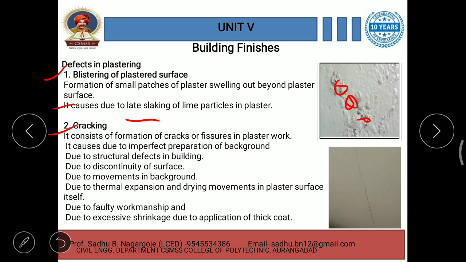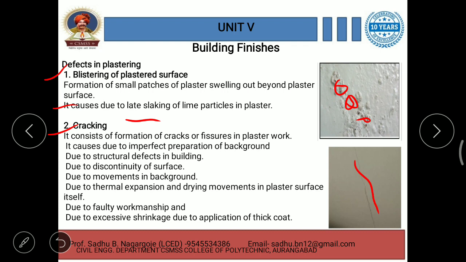Then second one is cracking. It is a very common type of defect, and everyone might have seen this type of defect in plastering. It consists of formation of cracks or fissures in the plaster work.